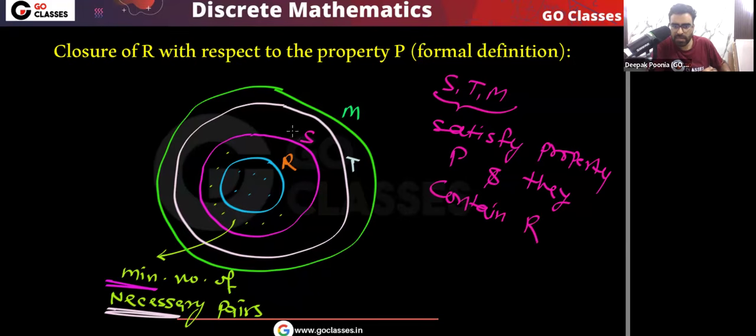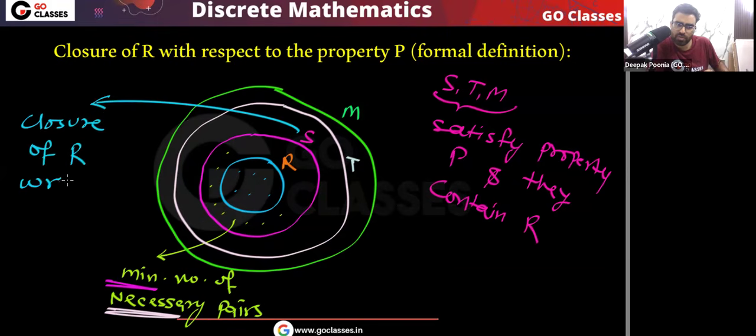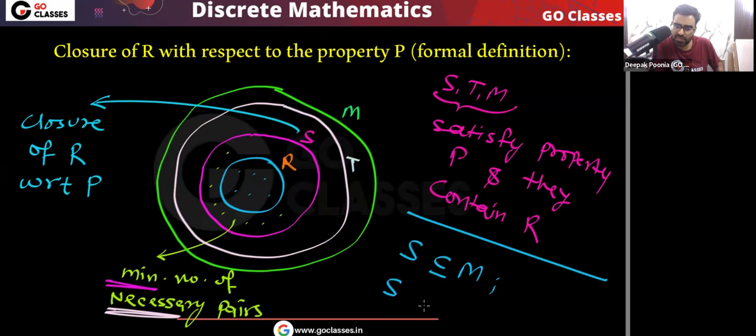But remember, S is the closure of R with respect to P. So I can say that this closure is a subset of M, T. This S will be a subset of M. This S will be a subset of T. I hope you understood.